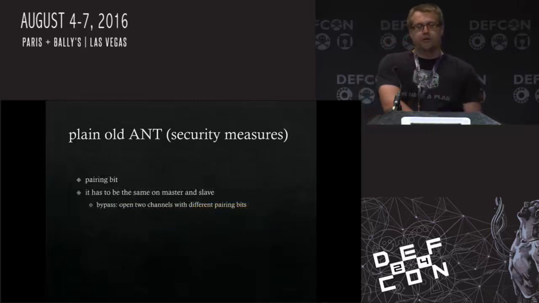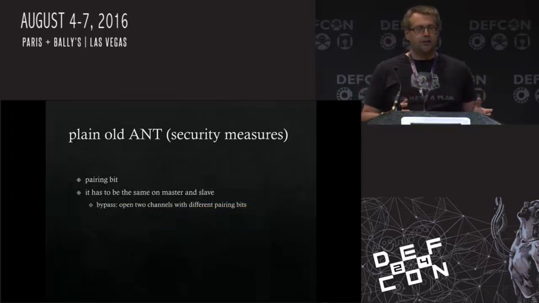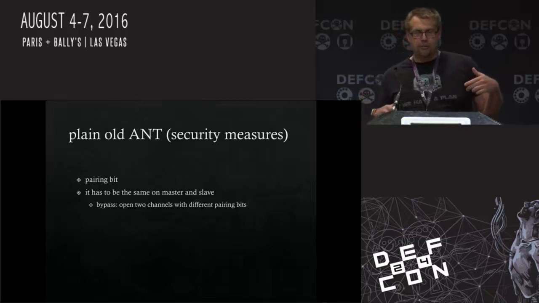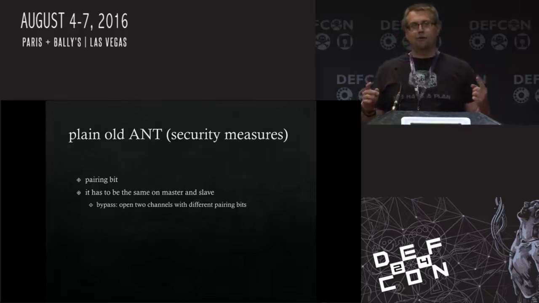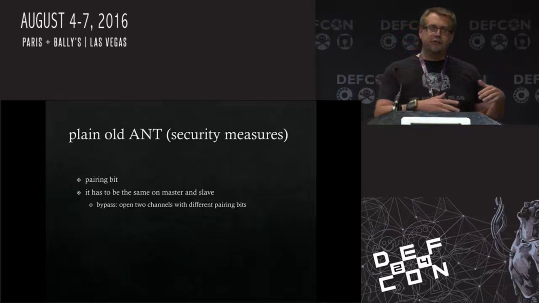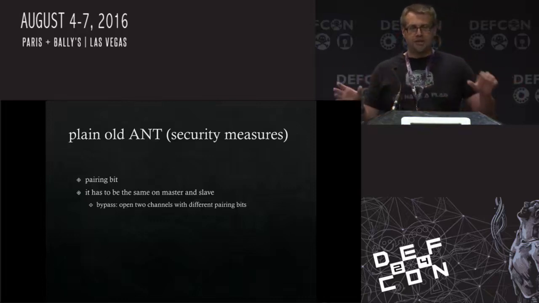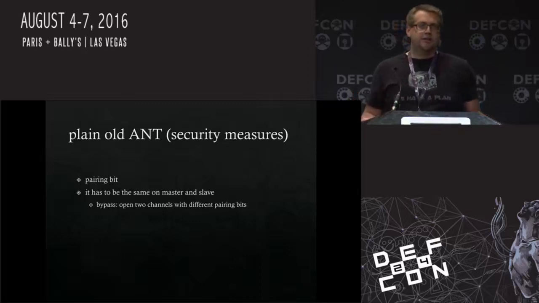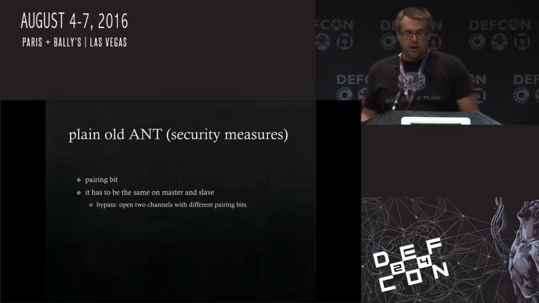Okay, other security measures in ANT. There's a pairing bit. It works like this. Two nodes can communicate with each other only if the pairing bit is the same for the two nodes. So it does not have to be on, it just has to be the same on two nodes. This is fairly easy to circumvent because you can open two channels, one with the pairing bit off and the other with the pairing bit on, and one of these channels will succeed.